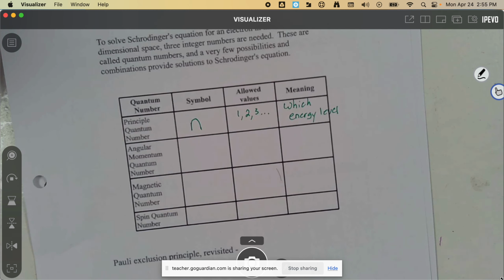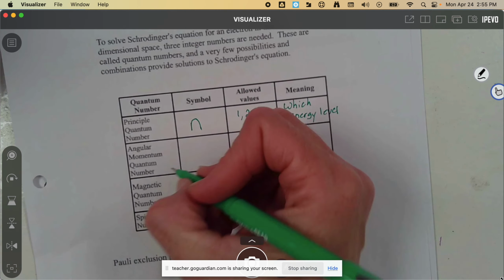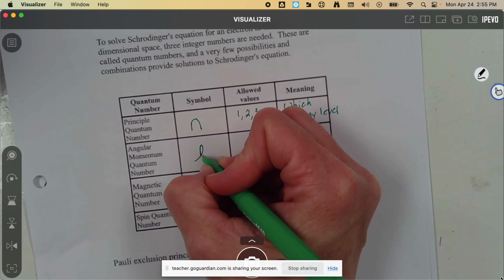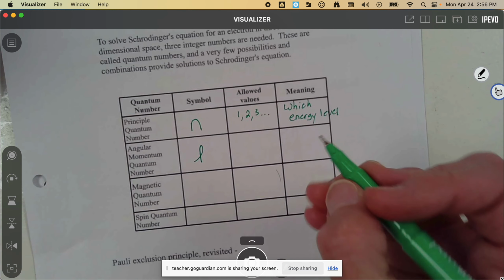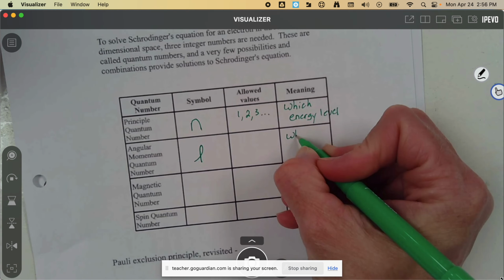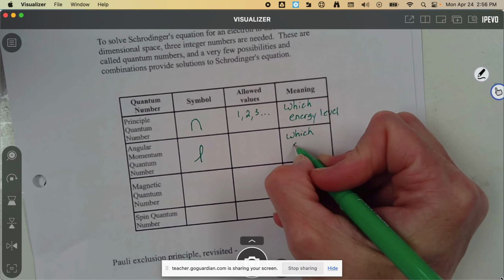The next quantum number is the quantum number L. And it's always, for some reason, drawn with a cursive L. It's called the angular momentum quantum number, but I can't think that you're ever going to need to know that. It tells you which sublevel.